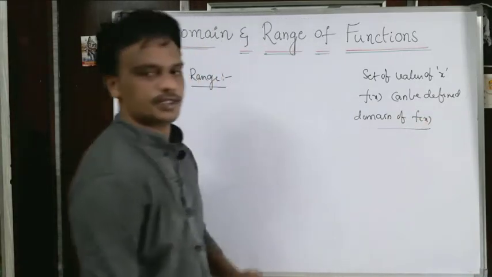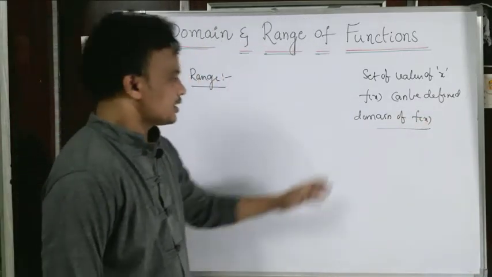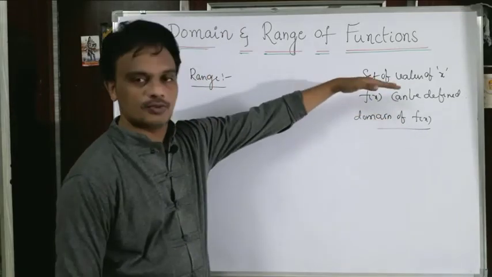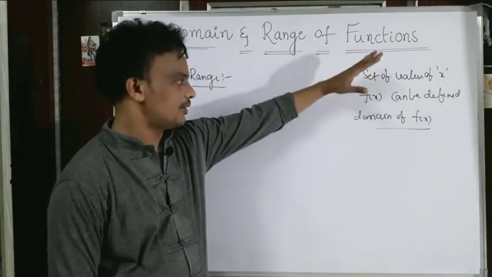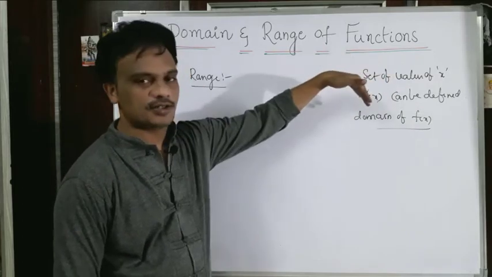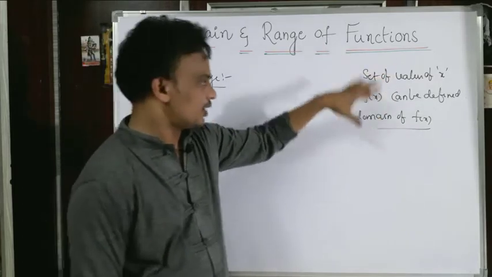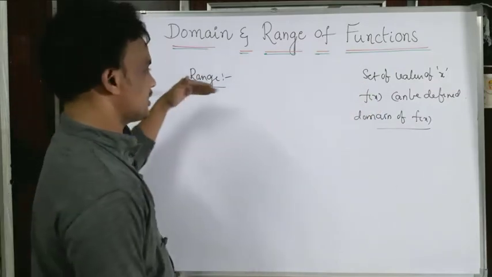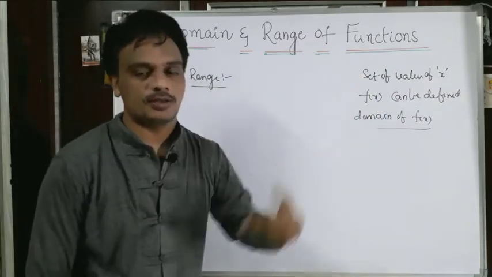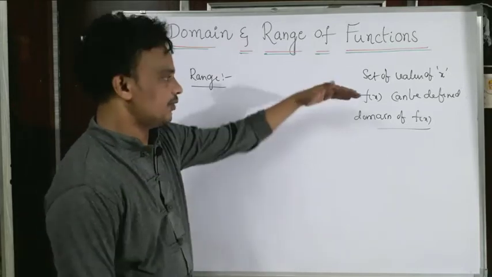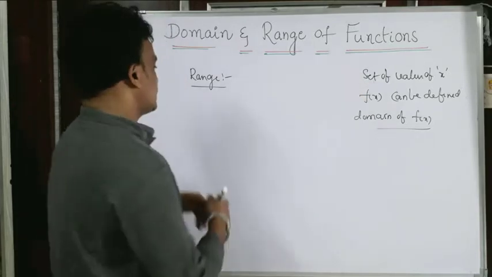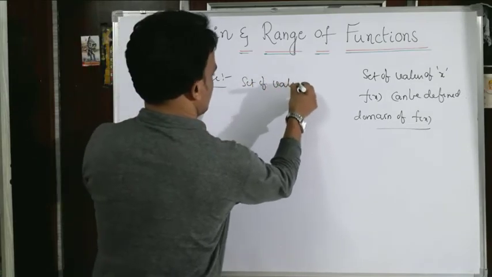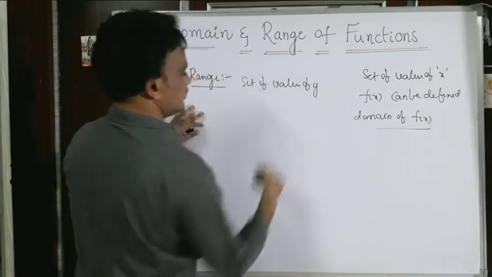For the existence of f of x, the set of values of x is called the domain of the function. For those values of x, the function f of x gives some results. Then the set of values of y.